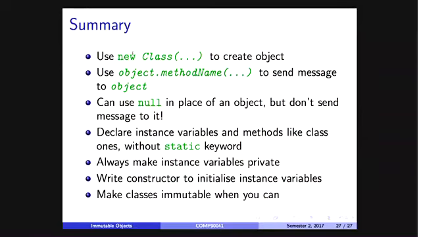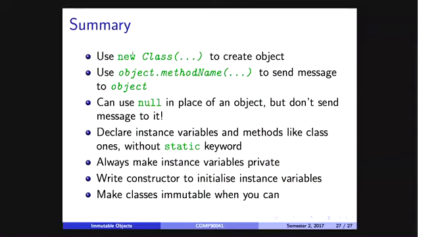Okay. All right, so wrapping up what we've seen today, we say new and then a class name and then in parens some arguments in order to construct a new object. And the arguments need to match up with a constructor.